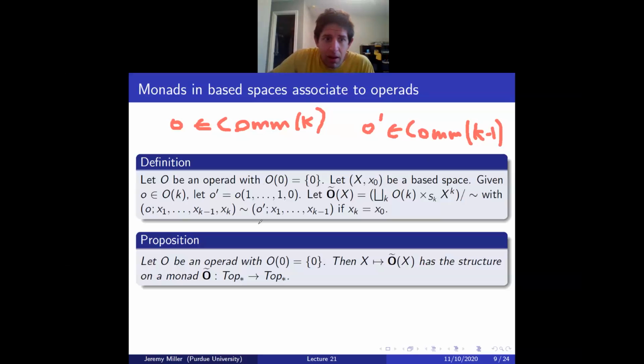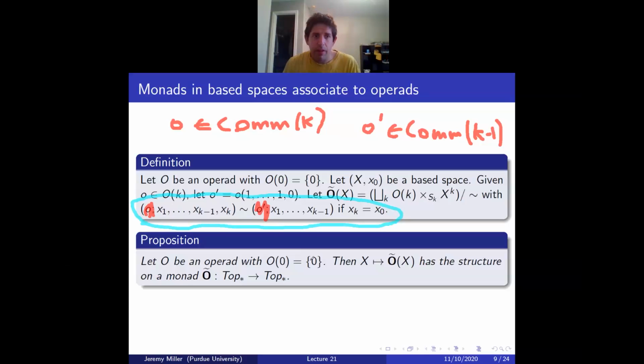And so here, basically you can forget the O parts in the Com case because it's just a single point. So what is this saying? It's just saying we're imposing this equivalence relation that a point vanishes if it's labeled by the base point. Right? That's what this line says.